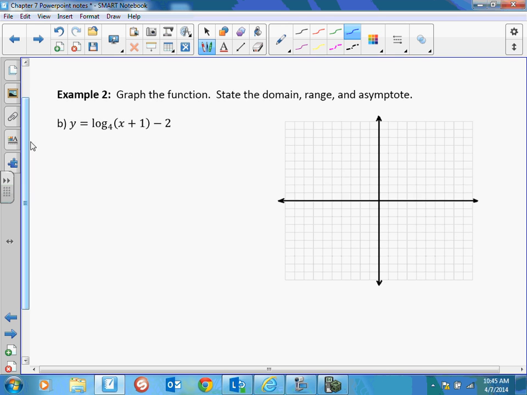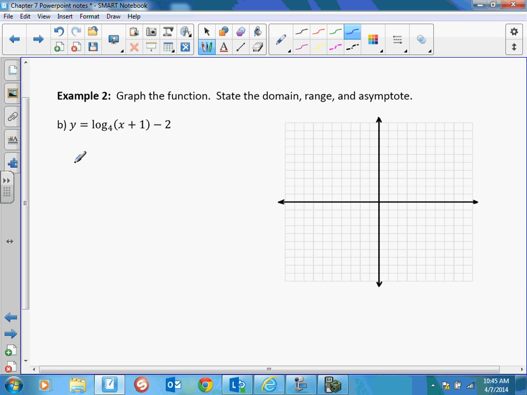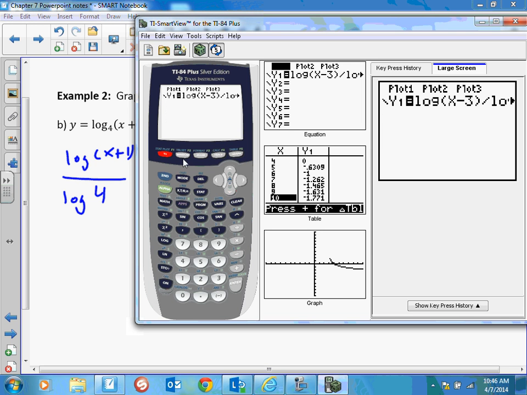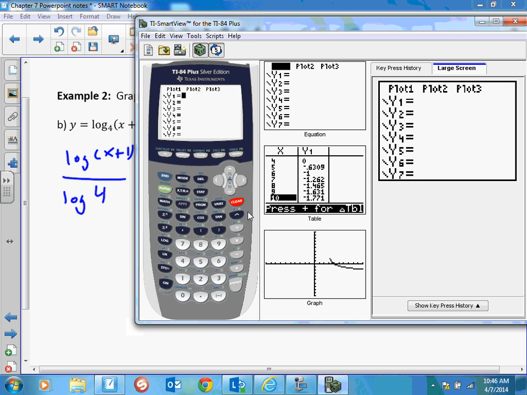Okay, let's do another one. Now, how I'd plug this in is I'd have to do log x plus 1 divided by log 4, because you always put the base on the bottom and this part on top, and then you just hit minus 2 at the end. So let's put that in a calculator. Okay, we'll do log parentheses x plus 1.